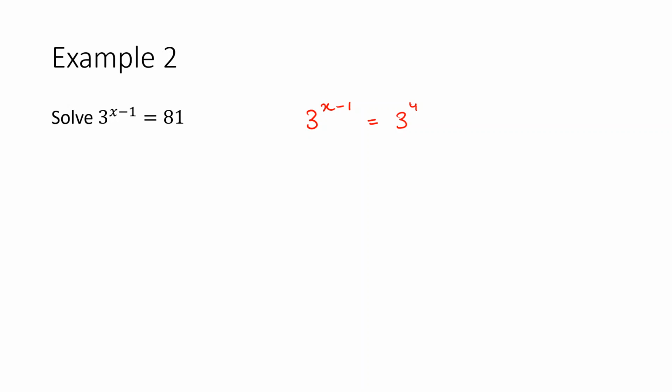If we've got the same base on either side, then it must be that one power equals the other power. So we've got x minus 1 equals 4, and so we end up getting x equals 5. There we go. That's all there is to it. Make sure you express all your terms in the same base, and then just equate exponents, equate the powers.